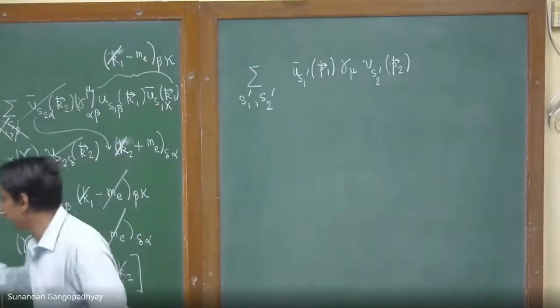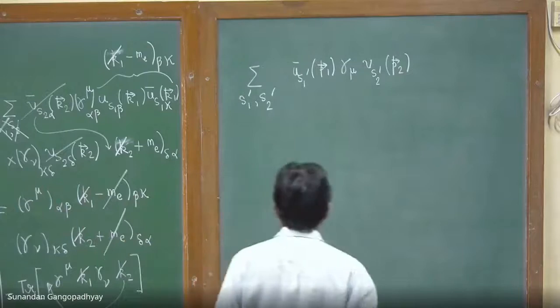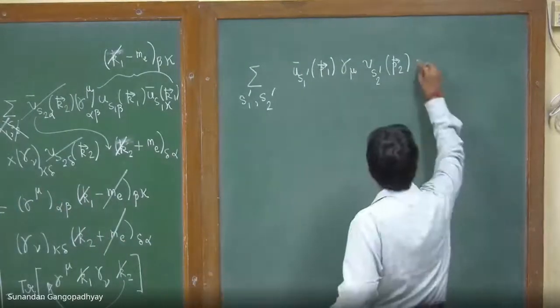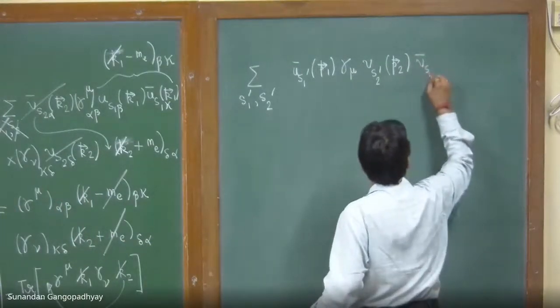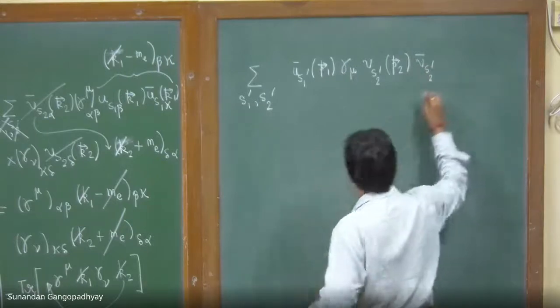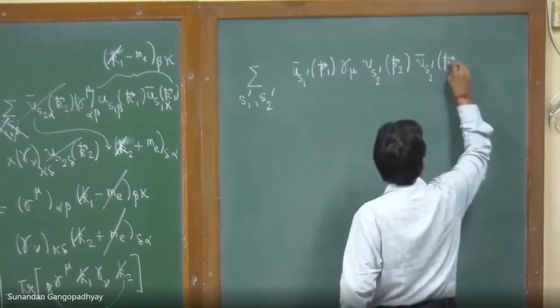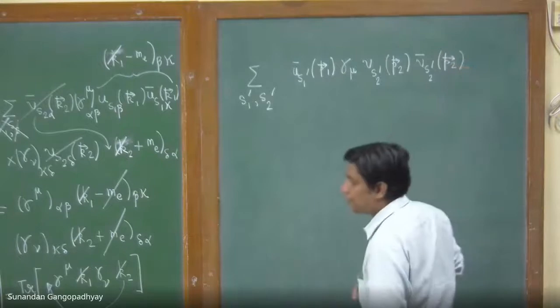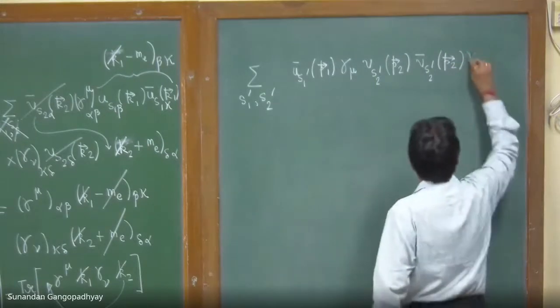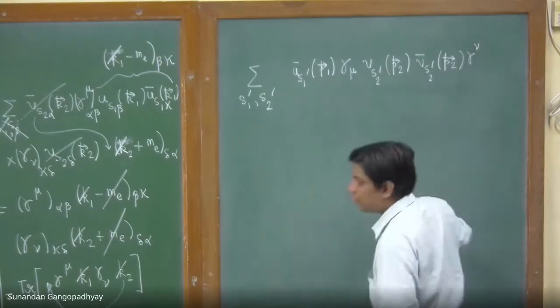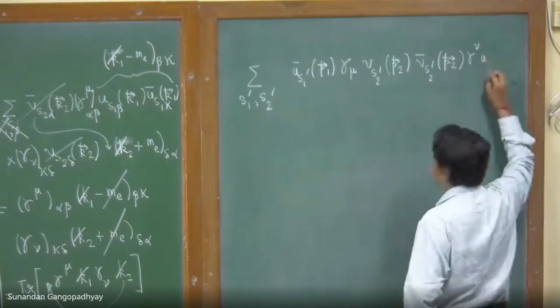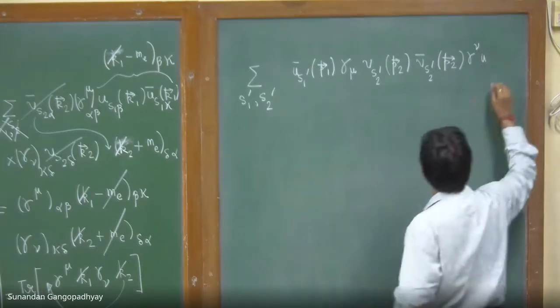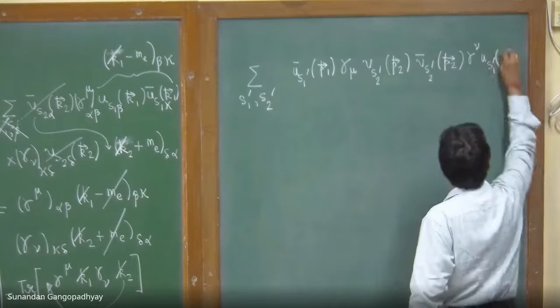Then the other part S2 and S1 it is already done. So what remains is V bar S2 prime P2 gamma nu V S1 prime P1.